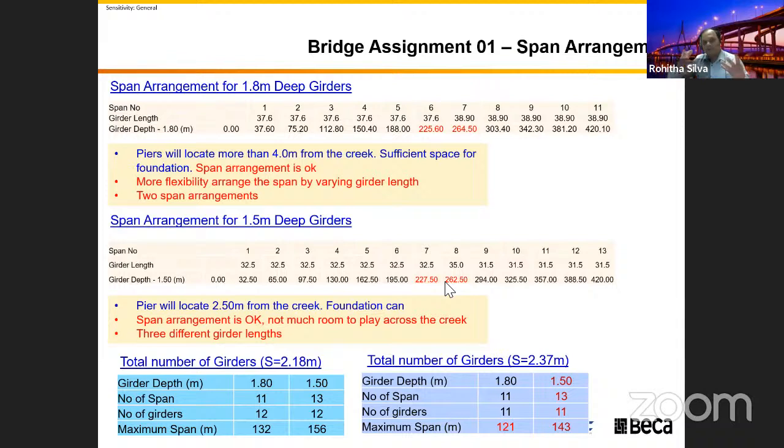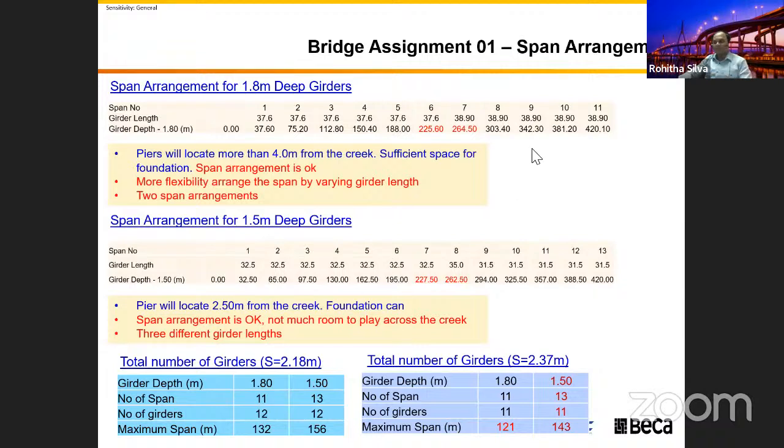Now, you know your span arrangement, that means you know your pier positions. If you come up with the substructure form in the dimensions, then you can come up with your bridge solution. So then you got 1.8 meter deep.